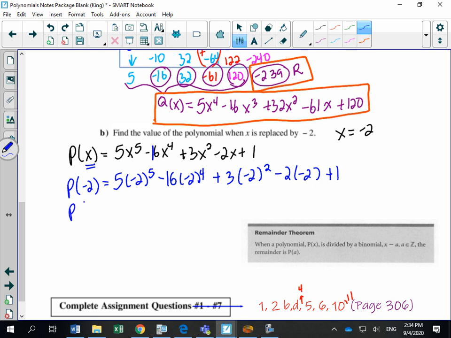From here, p of -2, let's evaluate all of our exponents now.